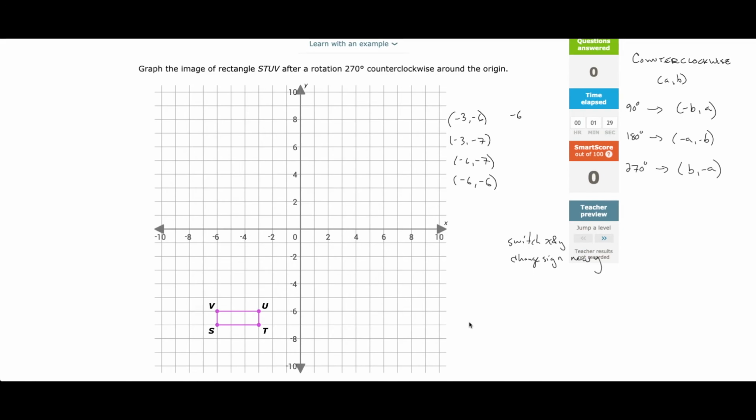So we're going to switch these. And then we change the sign of the new y. So I'm going to go ahead and graph those coordinates, -6, 3, -7, 3, -7, 6, and -6, 6.